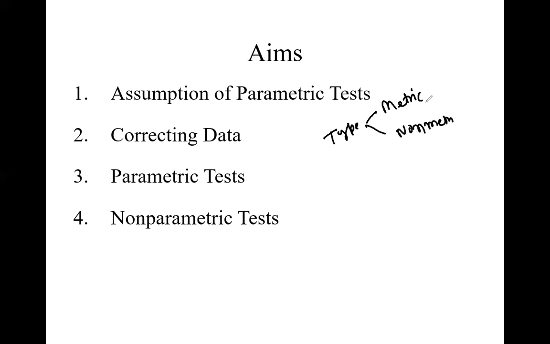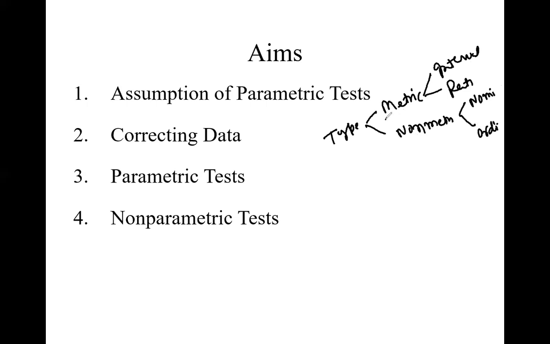Metric means our question is either in interval scale or ratio scale. And second, non-metric means nominal scale questions, mutually exclusive, like male, female, rural, urban, and the ordinal scale.